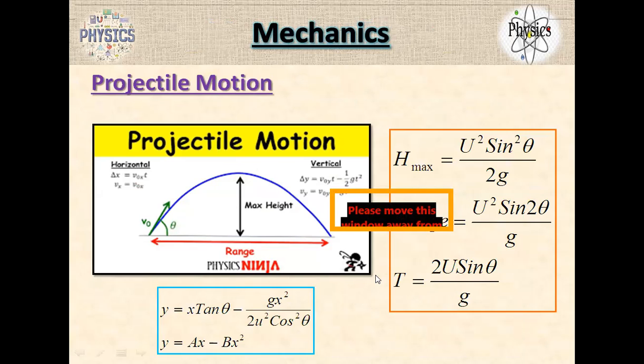This is a very important concept to understand. You can see this is the parabolic path, and this is the theta at which it was projected, with initial velocity v.